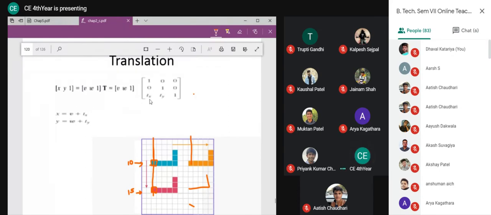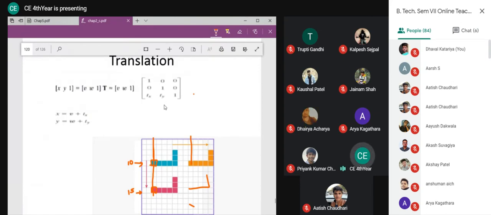Now if I do matrix multiplication, I get v plus tx, w plus ty. This is how I get translation, where tx and ty are the x direction translation and y direction translation.